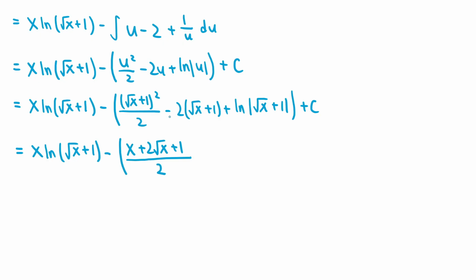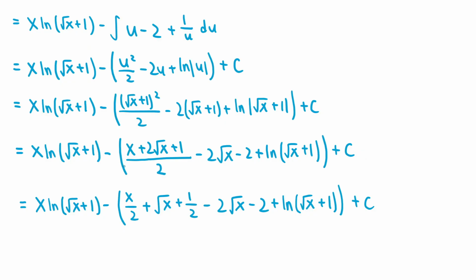If we expand negative 2 times (square root of x plus 1), we end up with minus 2 square root of x minus 2, and ln of the absolute value of the square root of x plus 1 can actually be rewritten as ln of the square root of x plus 1 without the absolute value, just because square root of x plus 1 is always positive anyways, so we don't need the absolute value, and the plus c stays the same.